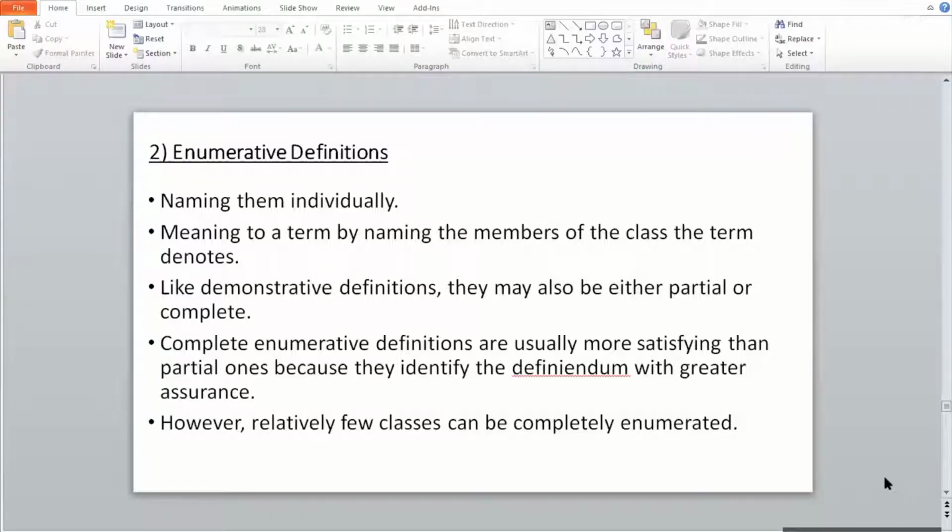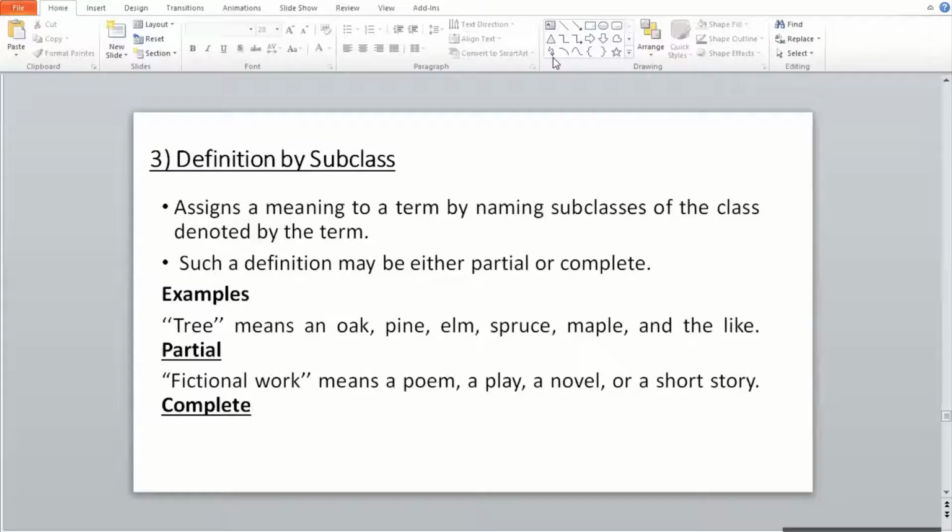Now we can jump to the third type of definition. Is that only for Nisu, or are you hearing me, guys? I am receiving a comment.